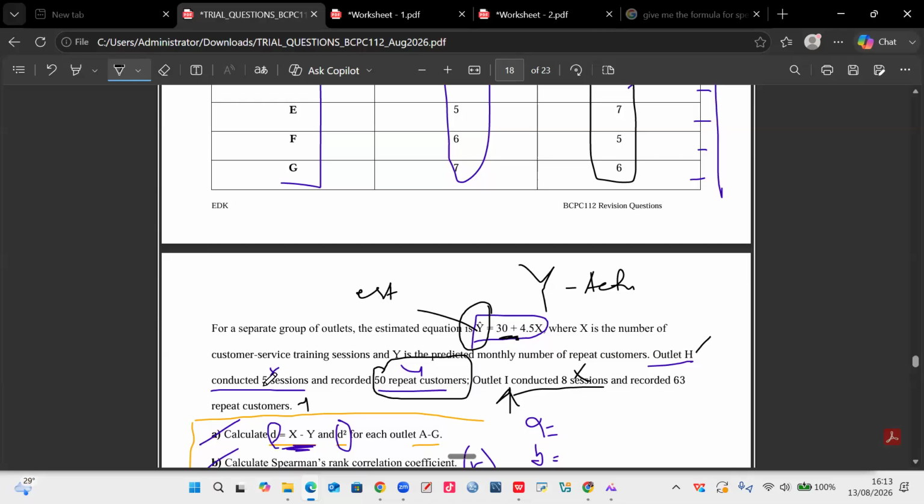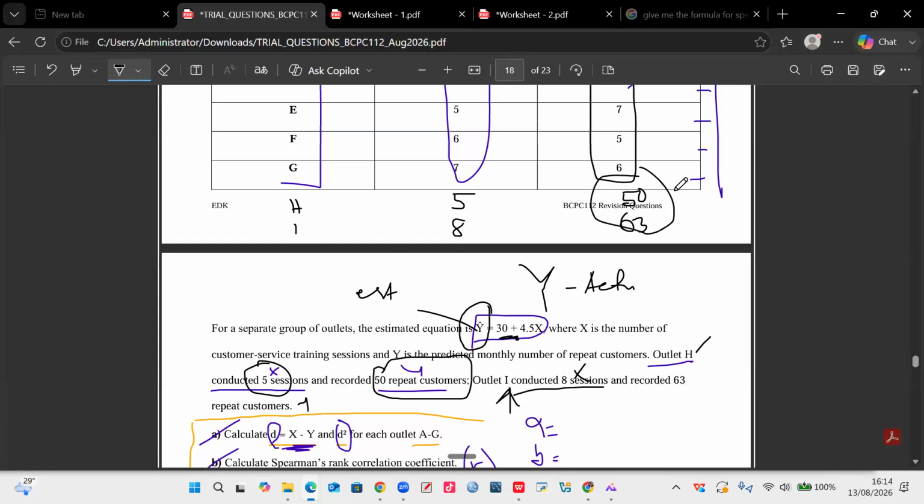For H, the X is 5 sessions and the actual is 50. To find the estimated Y, we plug the 5 into the equation to replace X, then compare the estimated Y with the actual 50. Then we know the residual. For I, X is 8 and Y is 63.